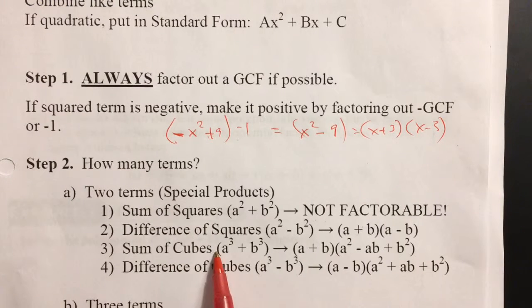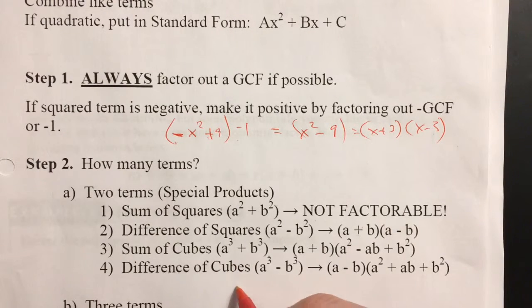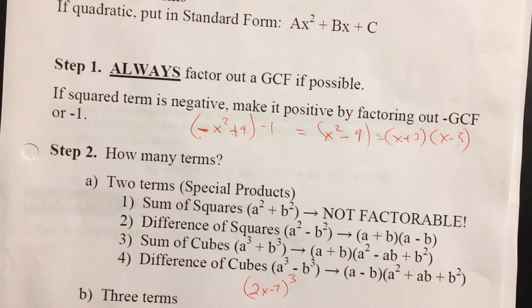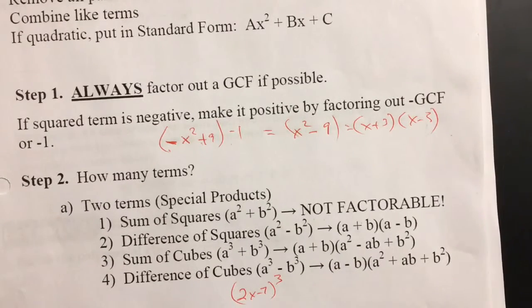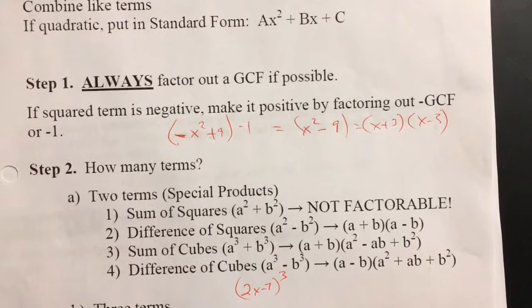Sum of cubes. Again, ones we had earlier in the last couple sections, we had something like this where we had 2x minus 7 and the whole binomial was cubed. And we had a shortcut for that. But you didn't have to memorize it. You could have just done 2x minus 7 three times the hard way and just gotten the answer from that as well.